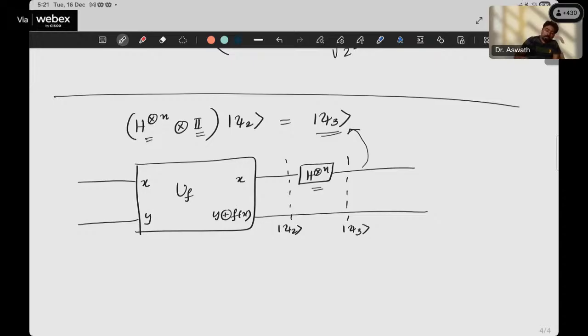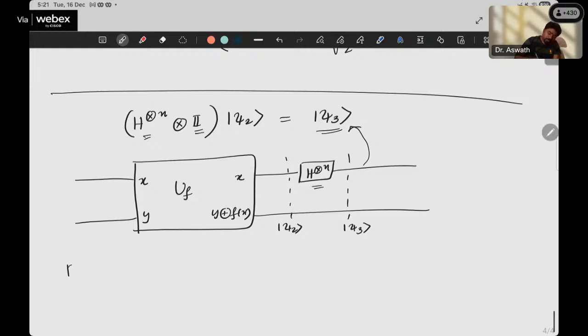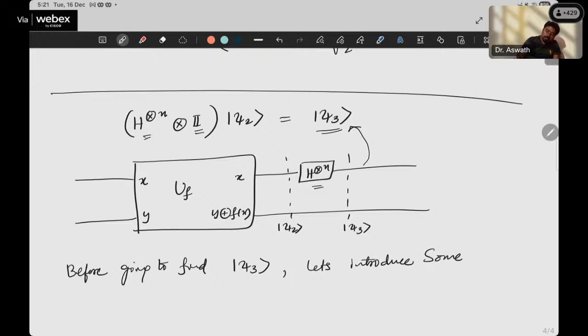Before going to find psi 3, let's introduce some shorthand notations which are going to be very useful for later. So what are those things? I'll just bring it now.